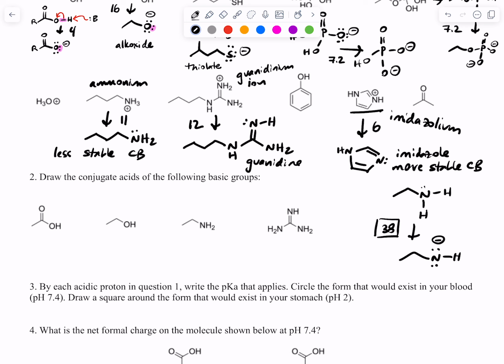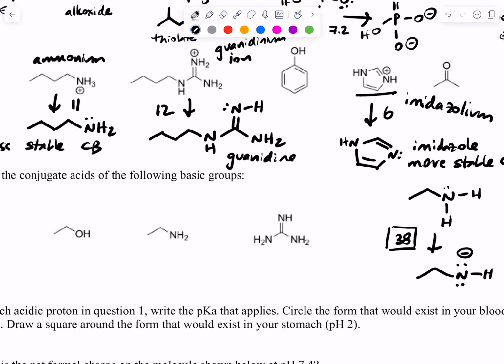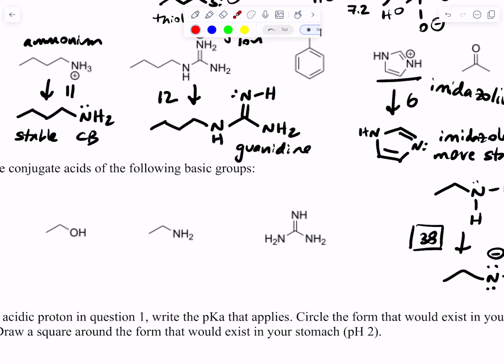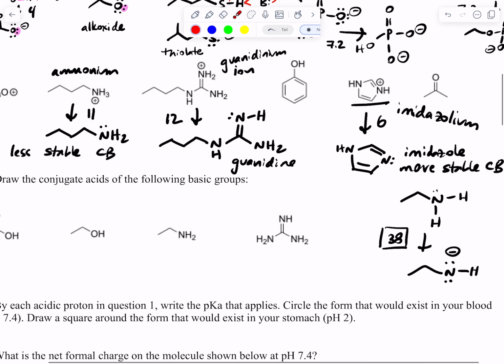Any potential rationale for that? Any reason you can think of why the amine conjugate base should be less stable than the imidazole conjugate base? Go ahead. Is it because there's resonance in this? So it's true that there's resonance, and we will sometimes use resonance to describe the stability of the conjugate base. But there's a better explanation here.